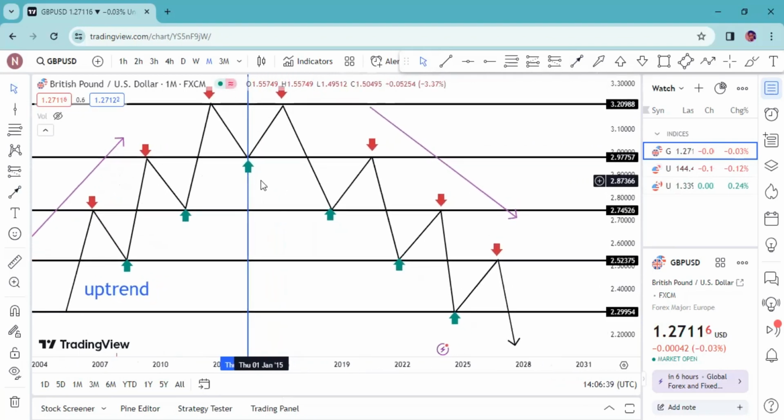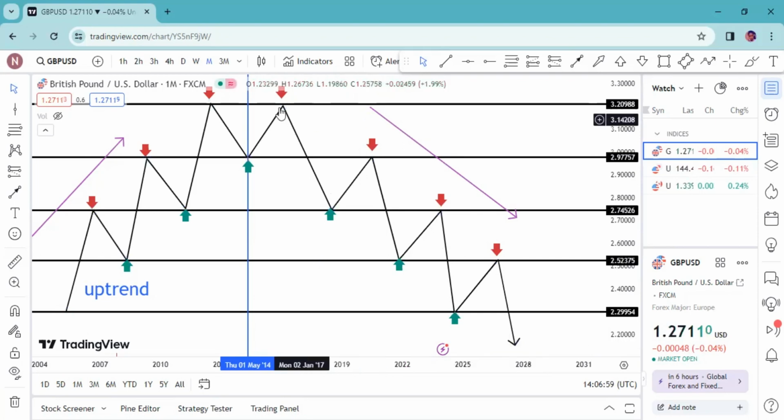And on the other side, the market is moving in a downtrend. Why? The market is moving down. Lower high, lower low, lower high, lower low, lower high, lower low, lower high.